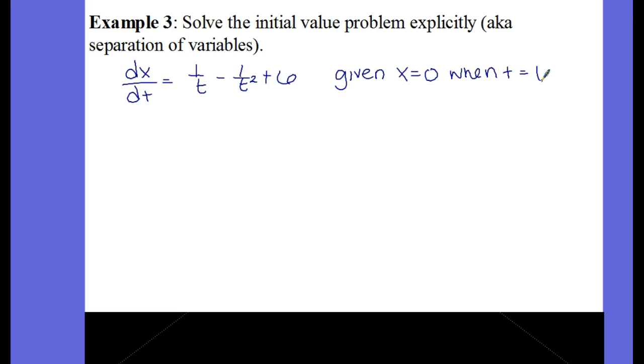So how do I separate and solve? Multiply the entire right side by dt and then integrate both sides. So we'll move over that dt and then we'll integrate.